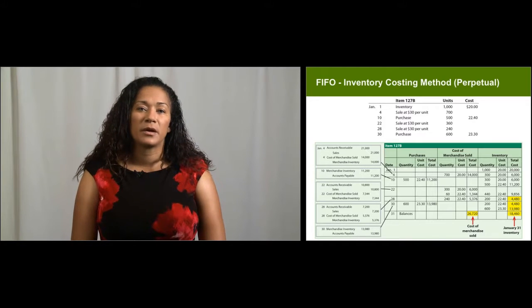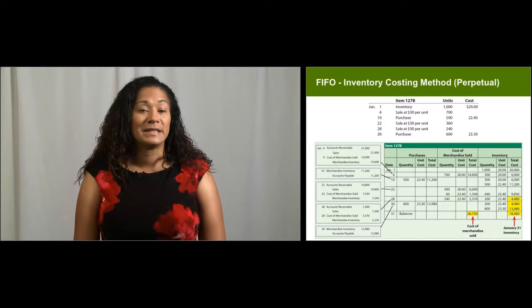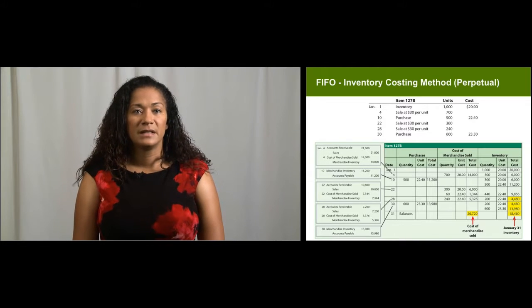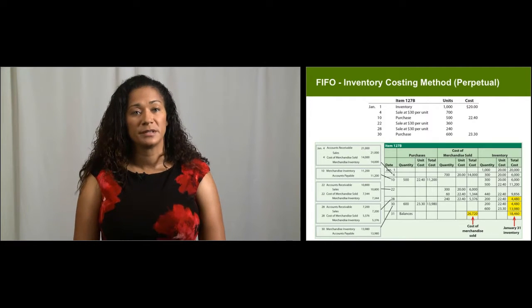The inventory record consists of 10 columns. The first column is used to record the date of each transaction. The next 3 columns, 2, 3, and 4, titled Quantity, Unit Cost, and Total Cost, are used to record the cost of new inventory being purchased.